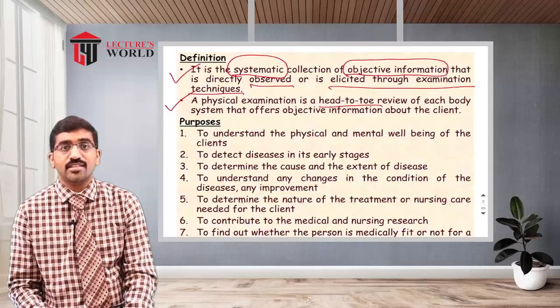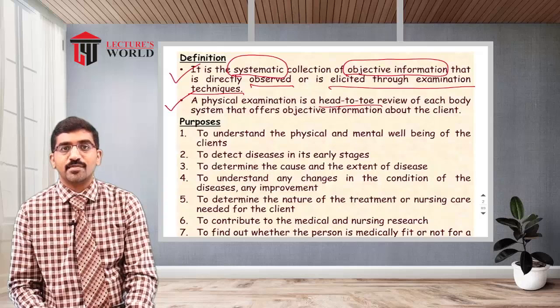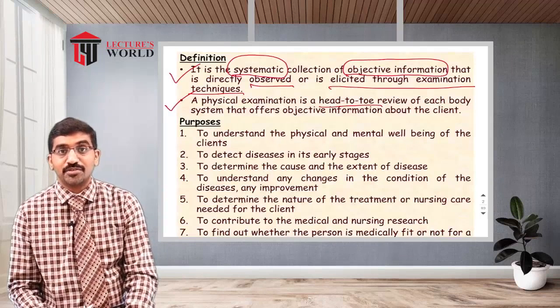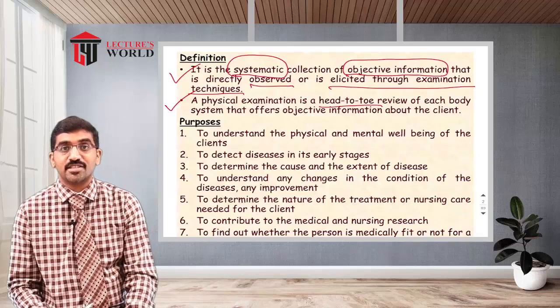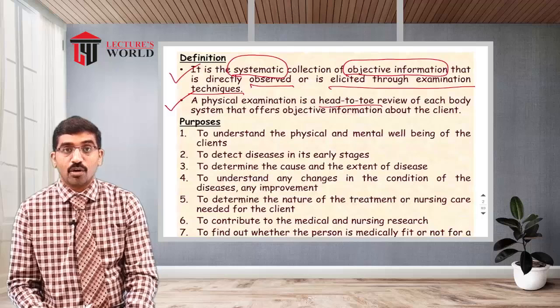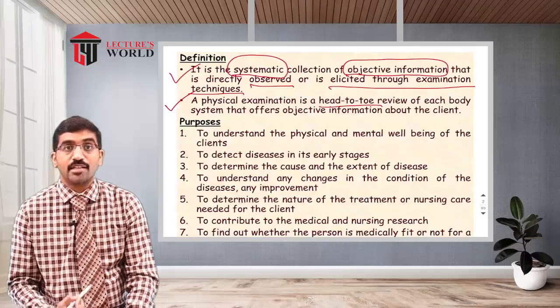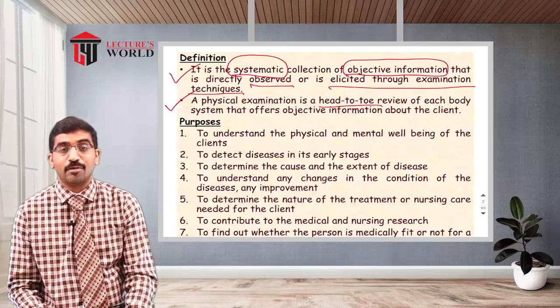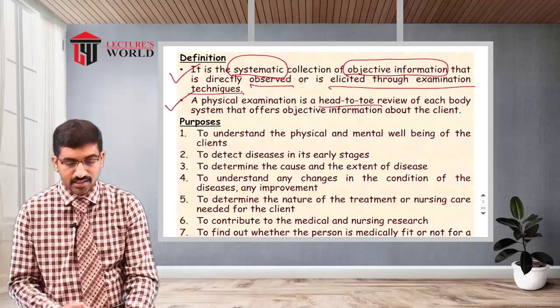You might have learned in your anatomy about various systems of your body, like the nervous system, integumentary system, cardiovascular system, muscular system, genitourinary system, gastrointestinal system, respiratory system, and so on. Based on this system-wise assessment, we get a review of the patient, what their normal remarks are, and if there is anything abnormal, that also has to be noted.